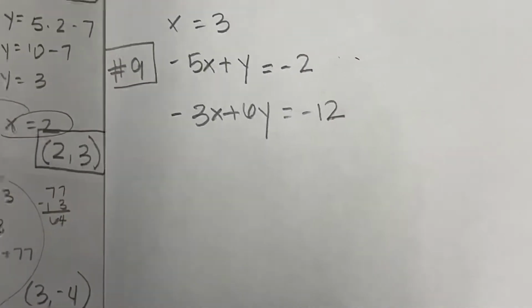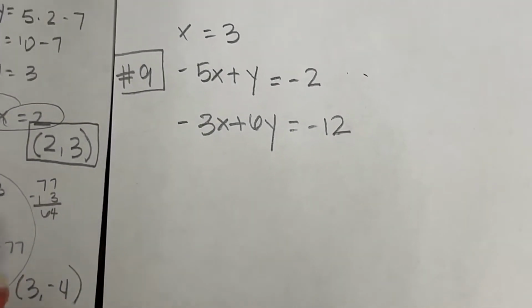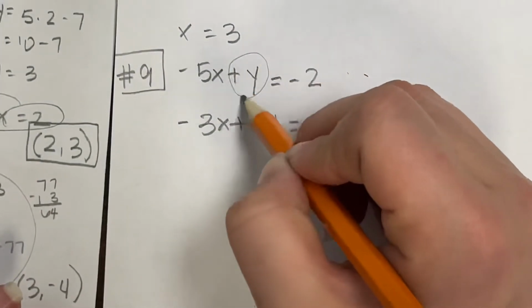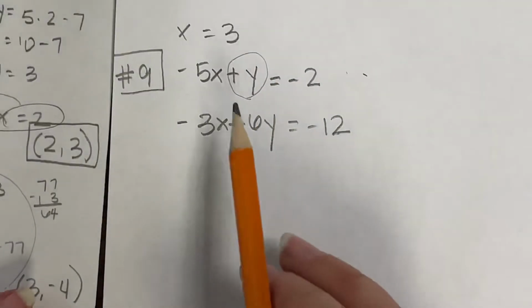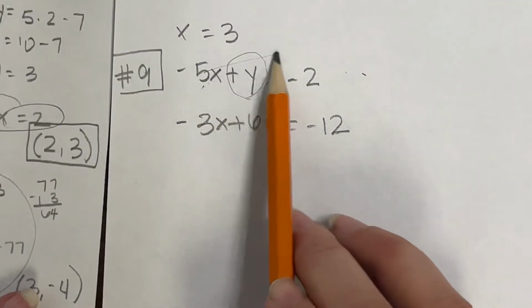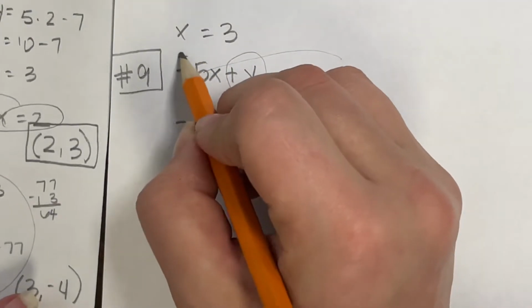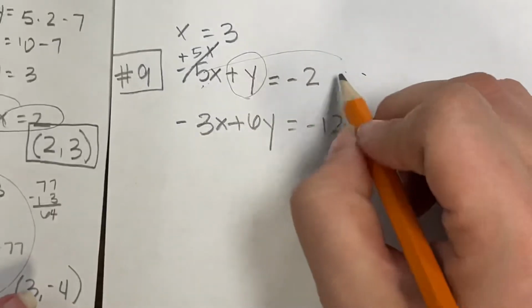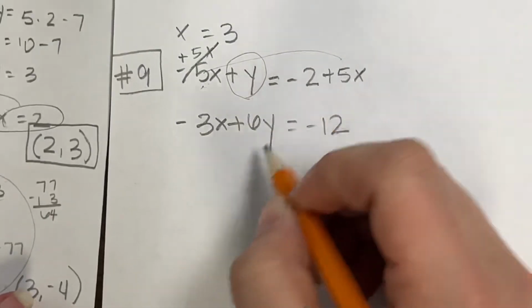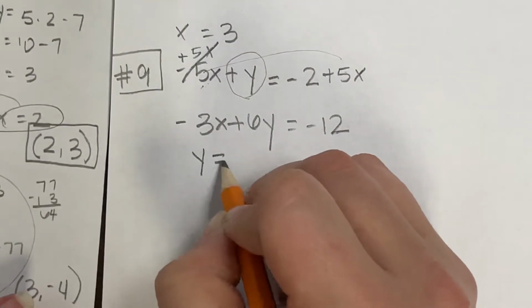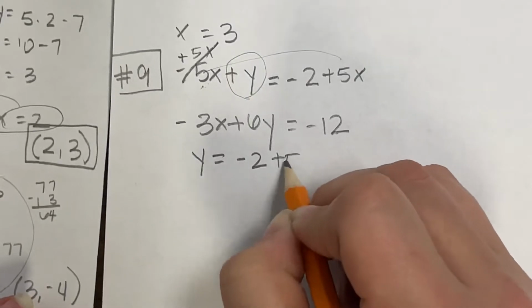I need a situation where I can get a variable alone. This y is positive and all by himself. He just has this neighbor that if we can move him over there, we can find a variable alone. So let's move that 5x. So then it is y equals -2 plus 5x.